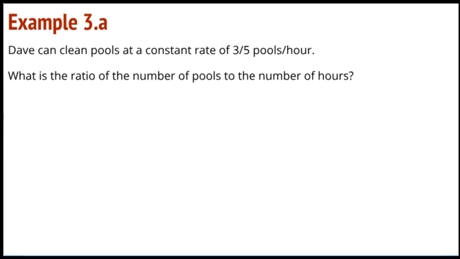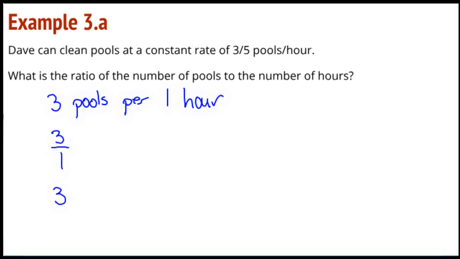I know that I've got 3 pools per 5 hours, which means that I have a unit rate of 3 over 5, which means I have a ratio, 3 pools per 5 hours.